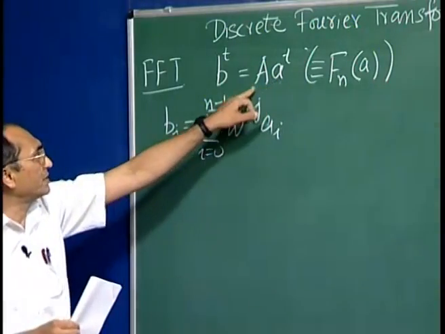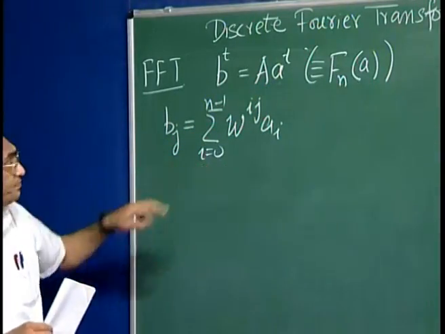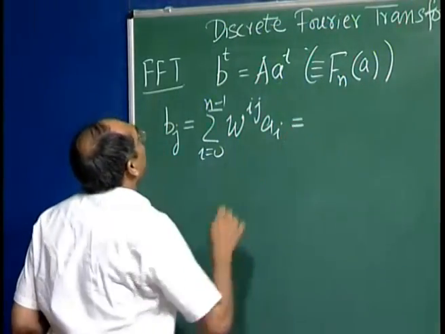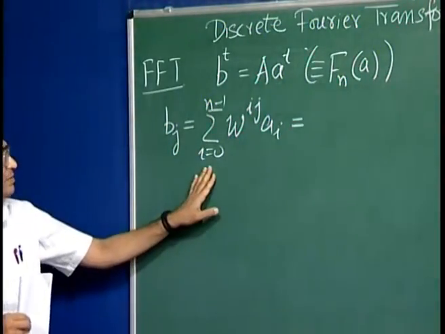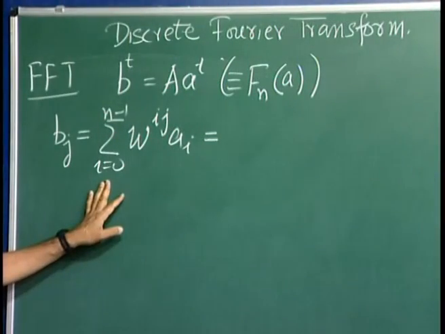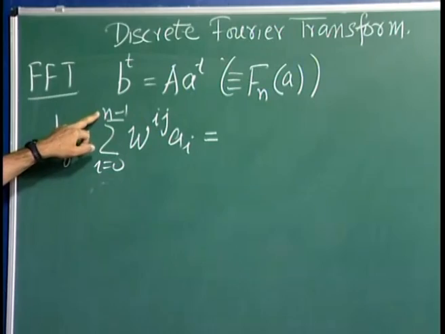This is directly from the definition. This sum I am going to split in the middle. Now, you notice why we had assumed n to be a power of 2. I can always divide this into two parts.